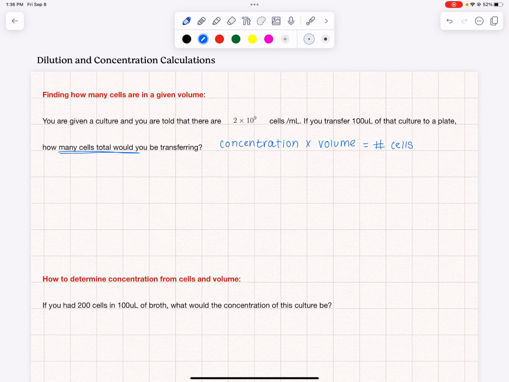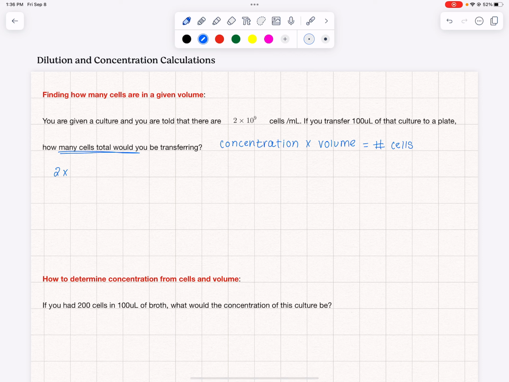And so we are given our concentration of our culture and our volume that we are going to be using. And so we are able to just plug these numbers into our equation.